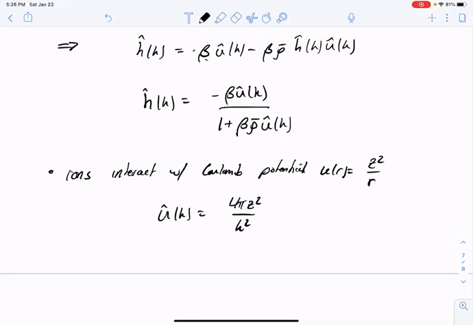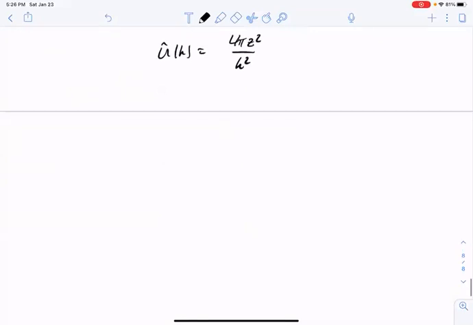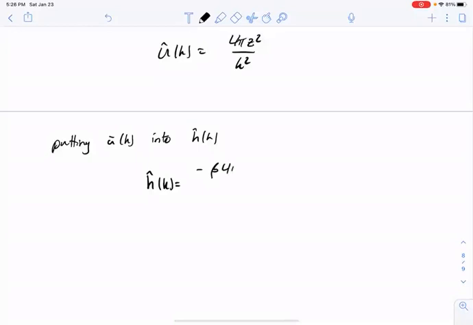Given that that's the Fourier transform of the potential, we can put that into our equation for h hat of K, and we would get h hat of K is equal to minus beta 4 pi z squared over K squared.